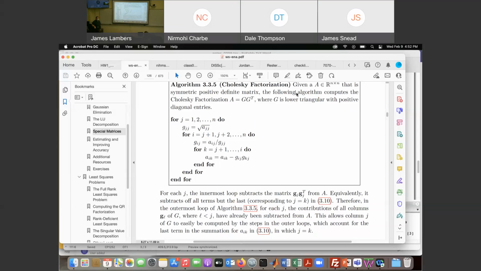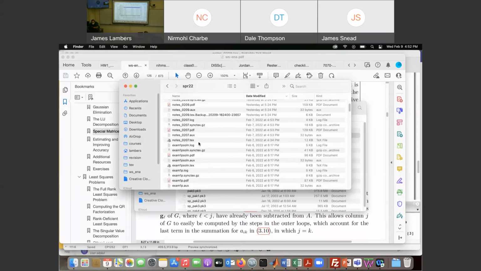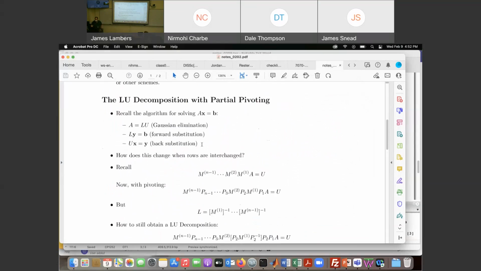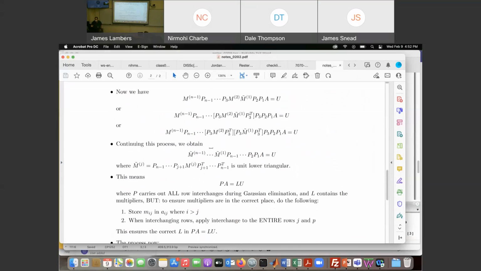Dr. Lambers, would you mind opening the lecture notes from February 2nd? At the top of page 2, I'm wondering about, number one, the relationship between P, L, and U, and all of the P's and M's up above it.